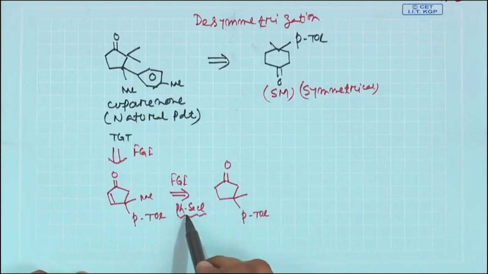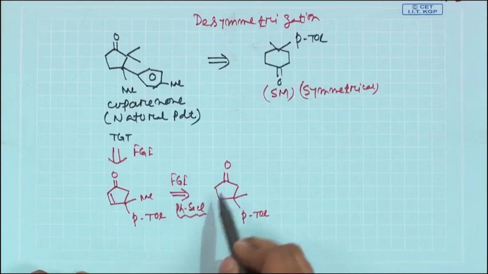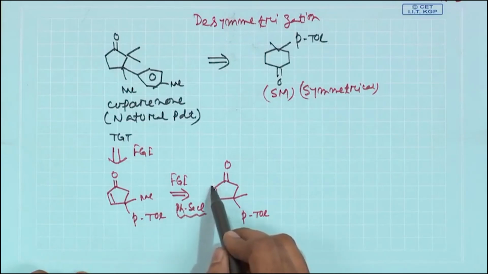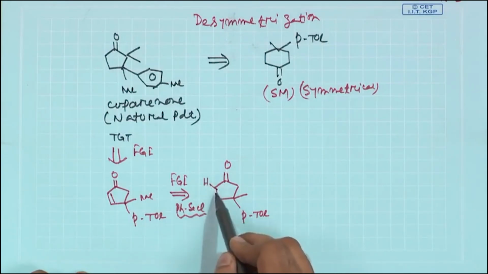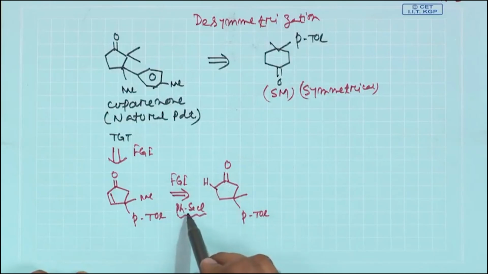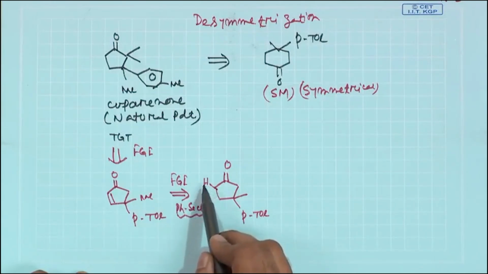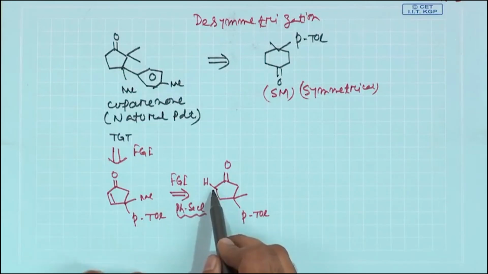So LDA first picks up this hydrogen, creates the enolate, and then the electrophile will attack this particular carbon.